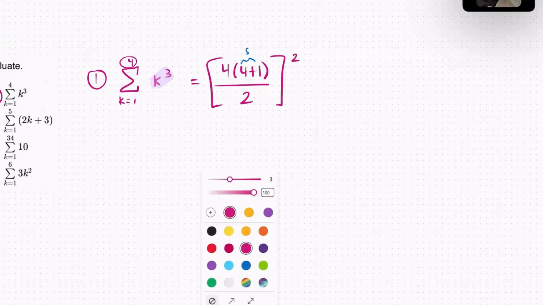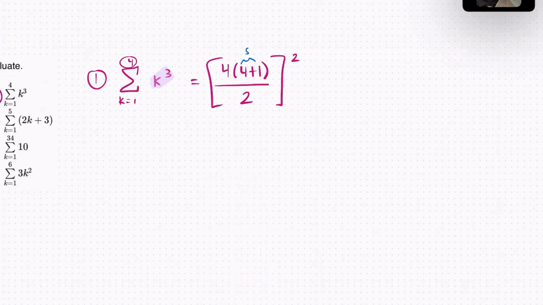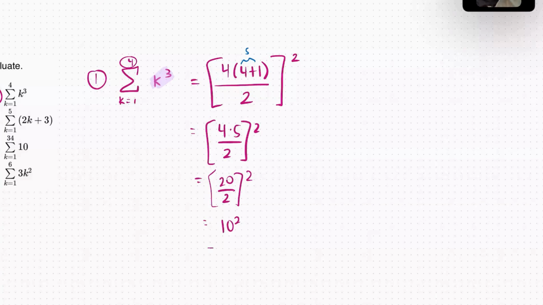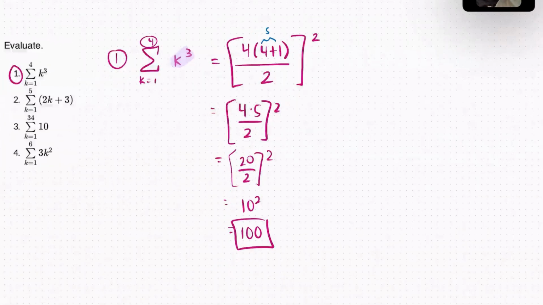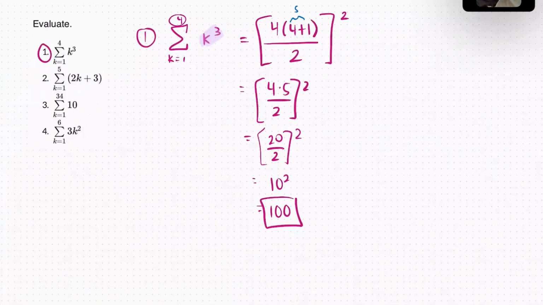And so this becomes 4 times 5 over 2, squared, which is 20 over 2 squared, 10 squared, or 100. And if you go back, that's the exact same answer that we got before, which is really good news because that means we did it right the first time.